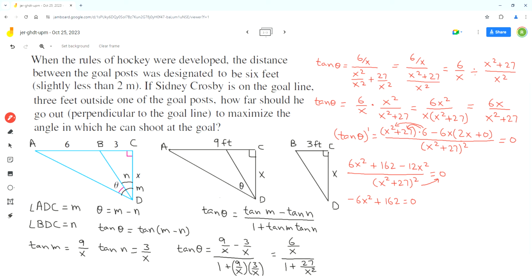Now we can solve for x by subtracting 162 from both sides. And now we can divide both sides by -6.